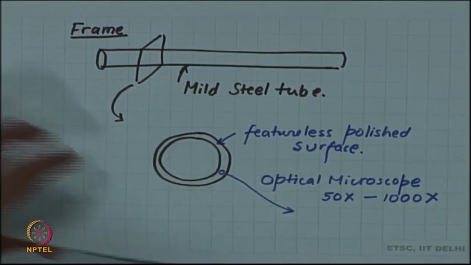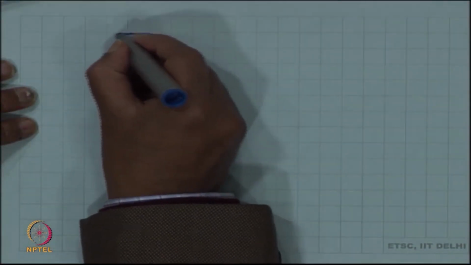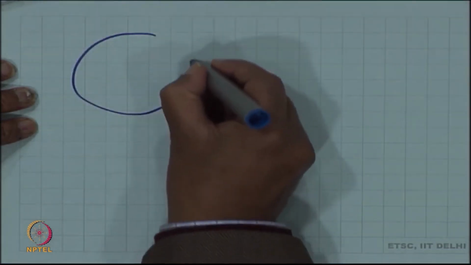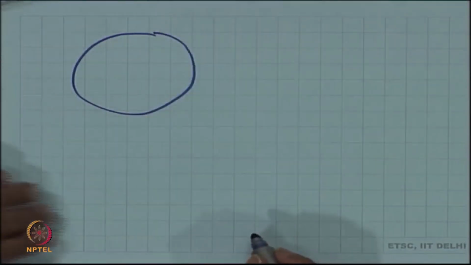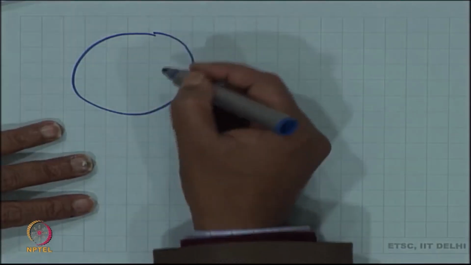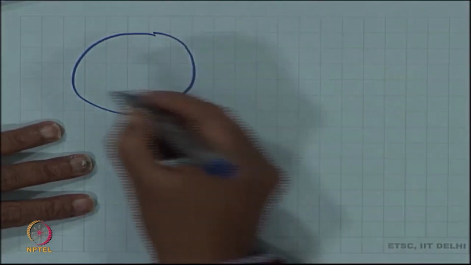Let me try to draw a schematic of what we will expect if we see that mild steel tube properly prepared at higher magnification.